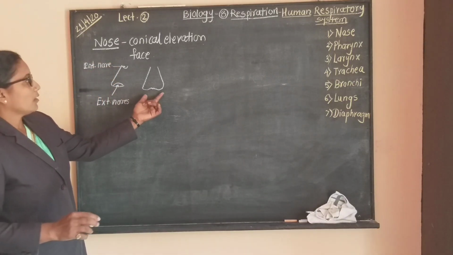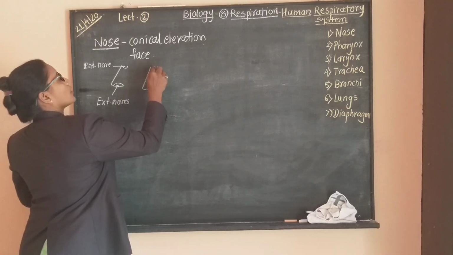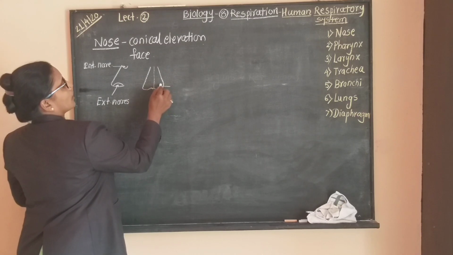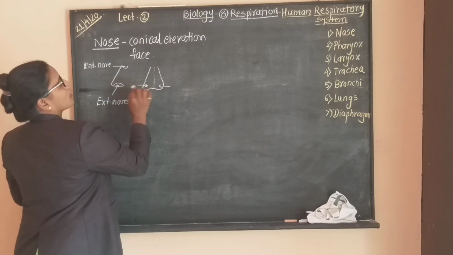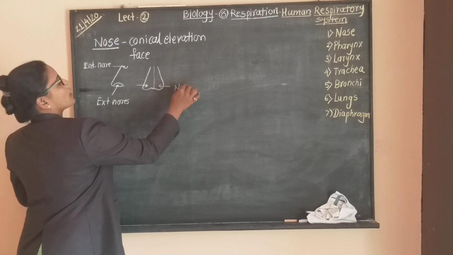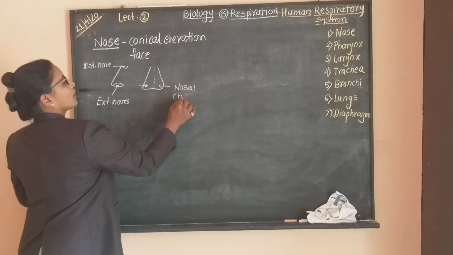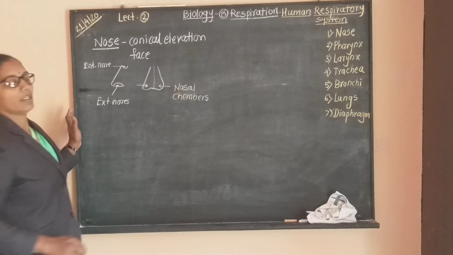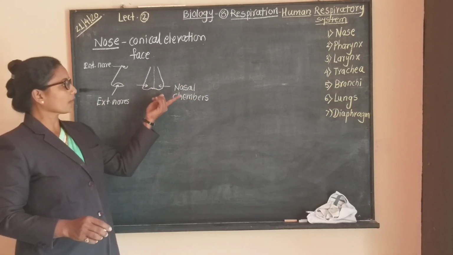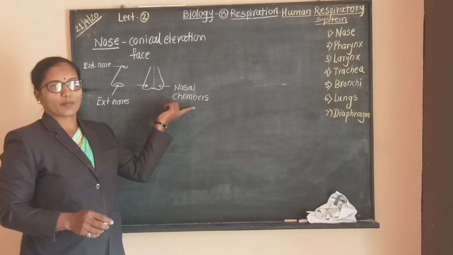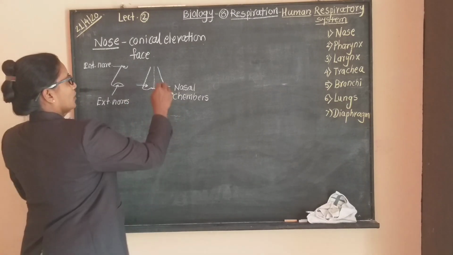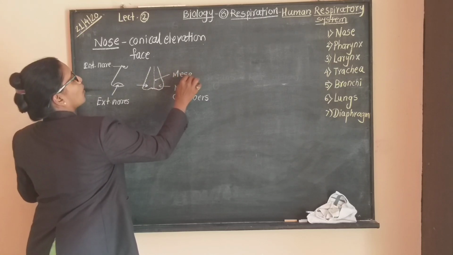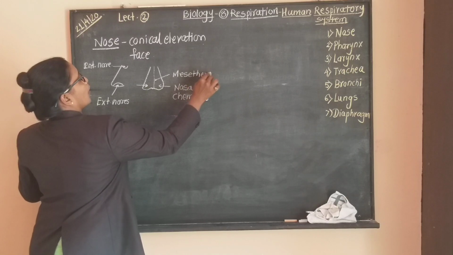If you observe in this view, our nose is divided into 2 parts. These two are the nasal chambers. That is, our nasal cavity is divided into 2 chambers, the right nasal chamber and the left nasal chamber. Now this partition is due to a structure called the mesethmoid.